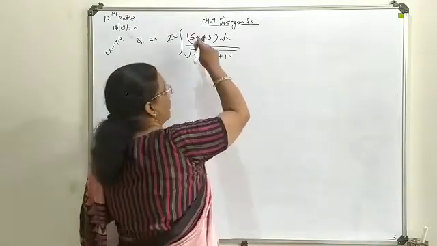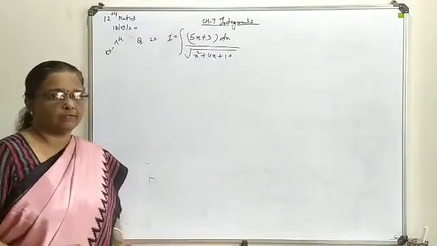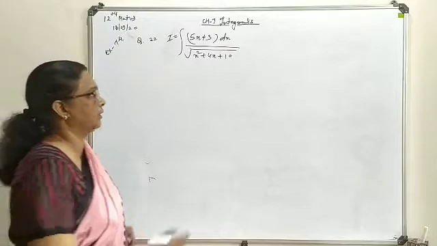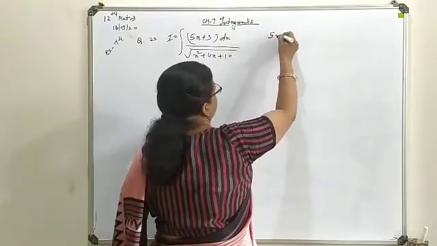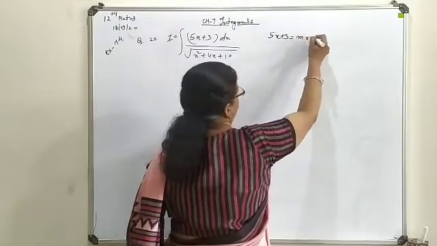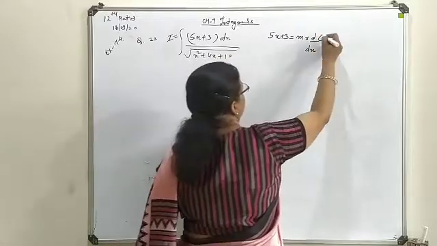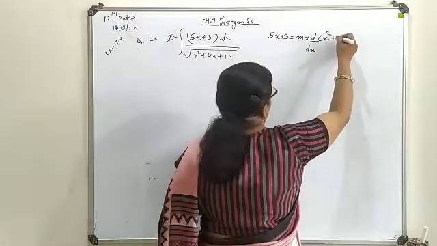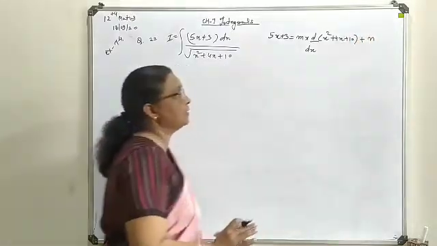First of all, you will split this 5x plus 3 in such a way that the derived form can be produced. Let your numerator be compared with a constant m into the differentiation of the denominator term, that is x square plus 4x plus 10, plus one more constant n.